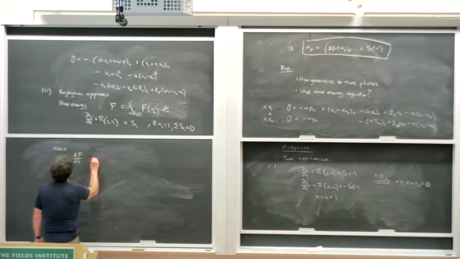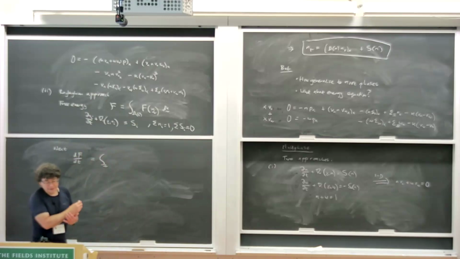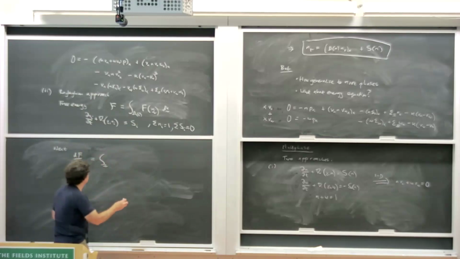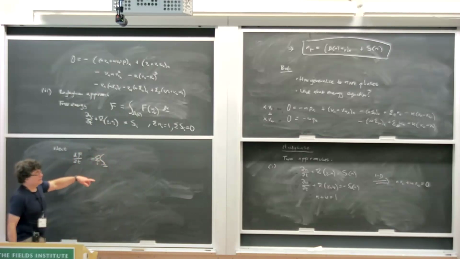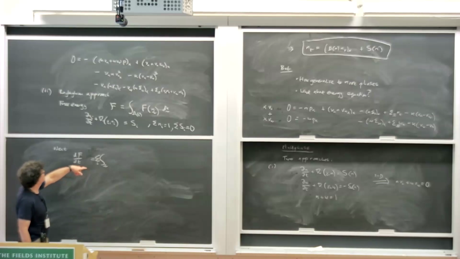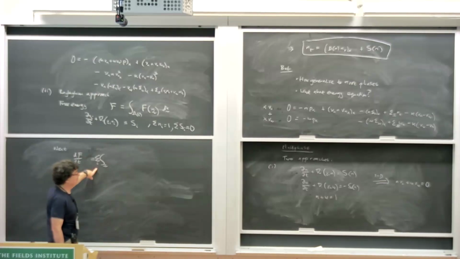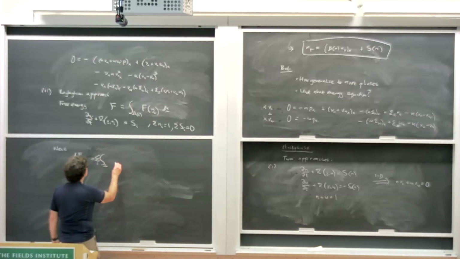So what is dF by dt? Well, it's the integral of gamma and then dF by dt inside. Almost whenever i appears, it's going to be a sum over all i, and I have to be slightly careful because you can't use Einstein's summation, because the number of times i appears in various places varies.